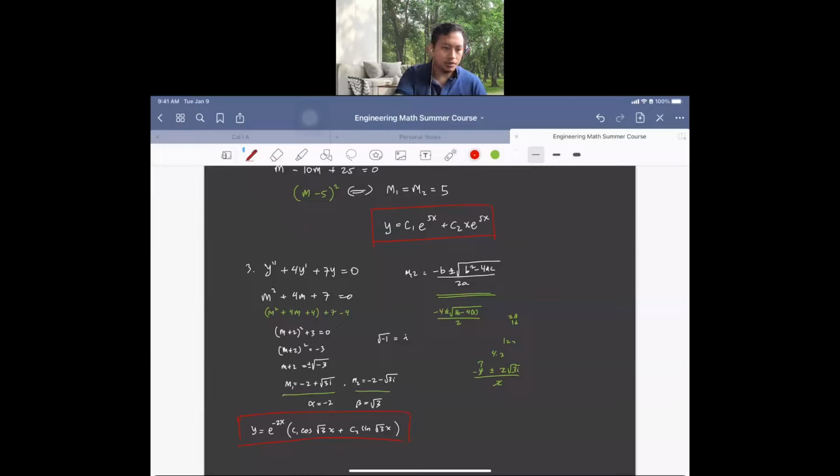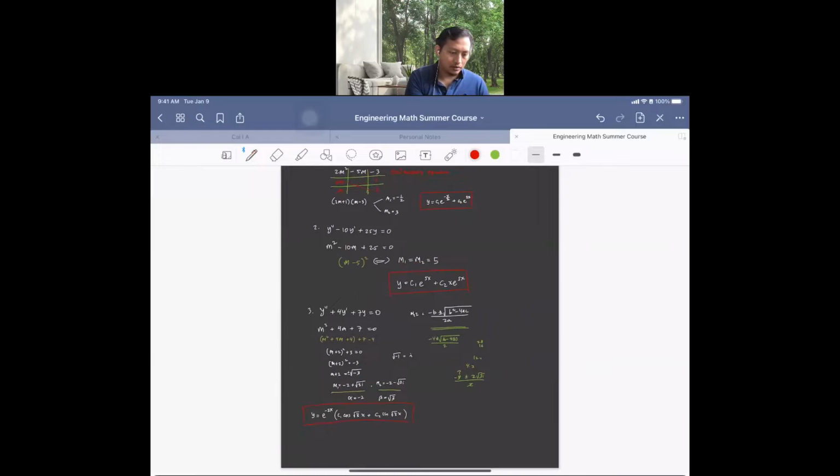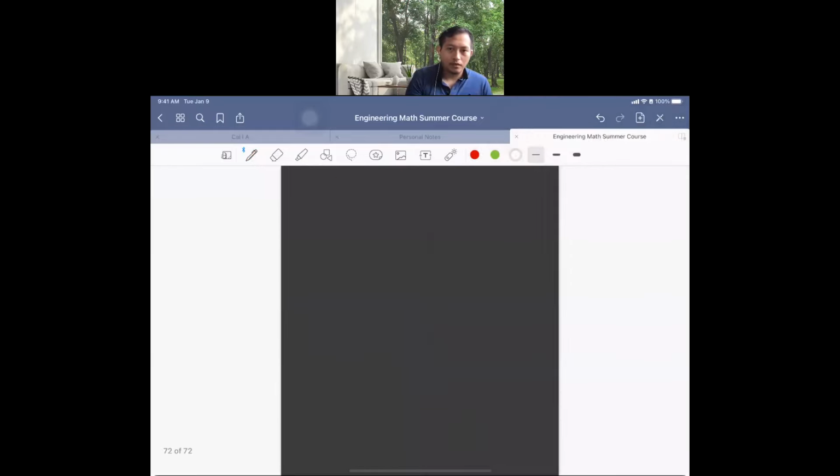The next one is still the constant coefficients, but with higher order equations. Let me give you the insight.